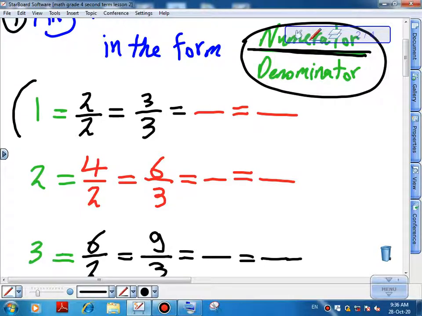Any number divided by itself equals 1. The next ones, 4 over 4, 5 over 5, 100 over 100, all equal 1.